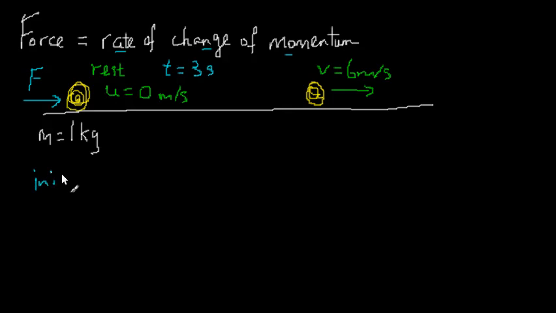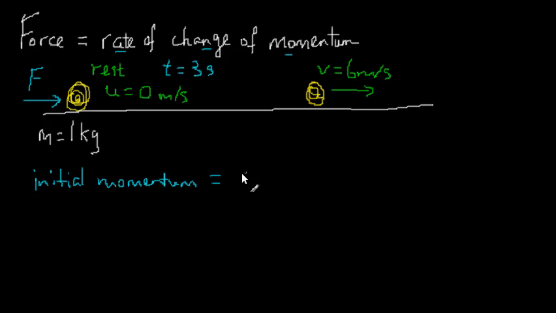I'll start with what I'll call the initial momentum. That means in the beginning, from the start where I just started pushing it. In the beginning, the initial momentum, well, we know momentum is mass times velocity.